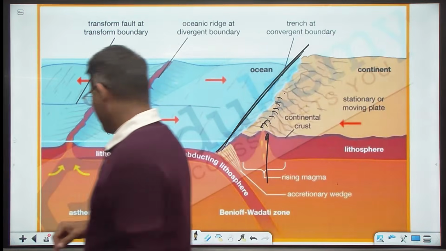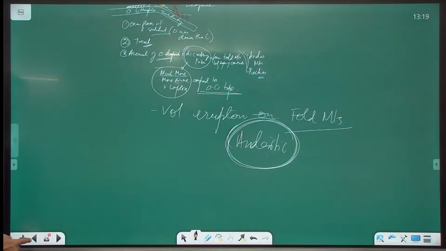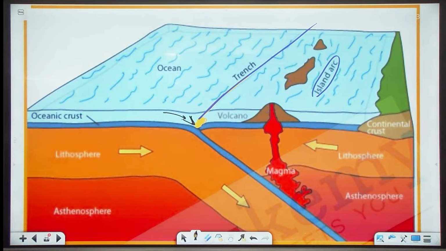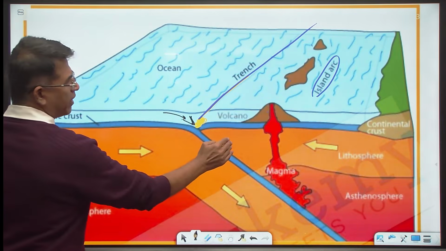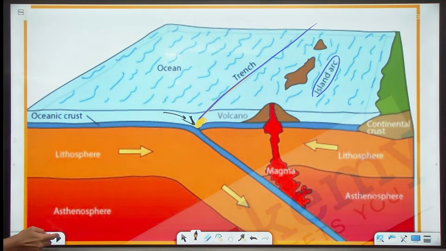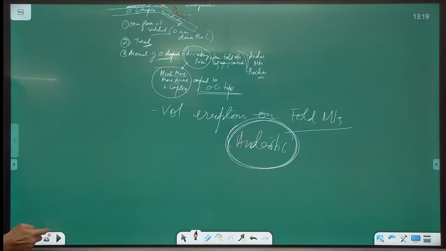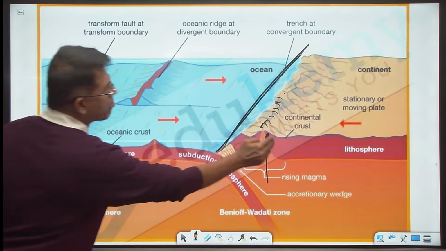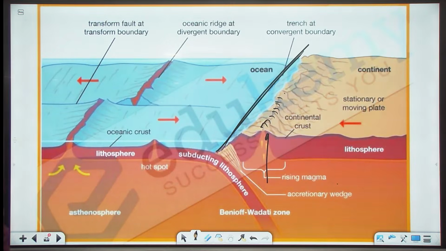Okay, so the first diagram was ocean with continents far away. Now we have ocean and continents on the side. Yes, Hemant, we'll have that.